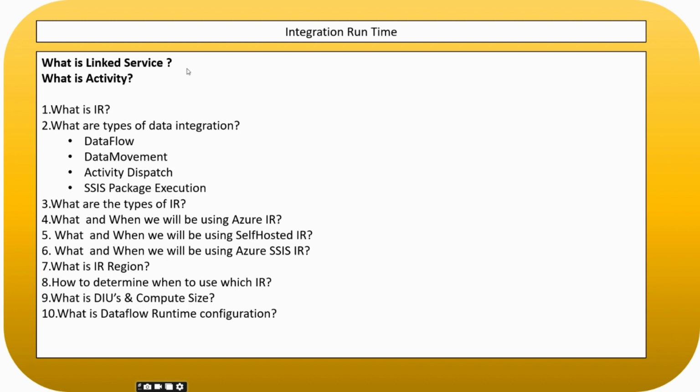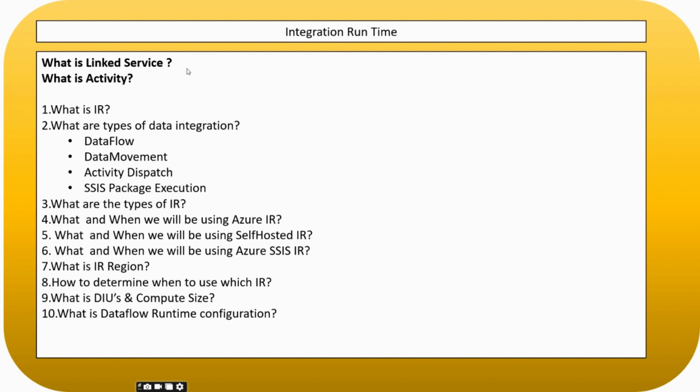After connecting to a source, you need to pull the data, correct? For pulling data, you need some compute environment behind the scenes. That processing power is what we call the IR. The IR is needed to do such work at the source side or even at the destination side.